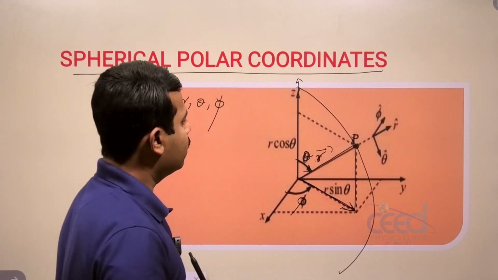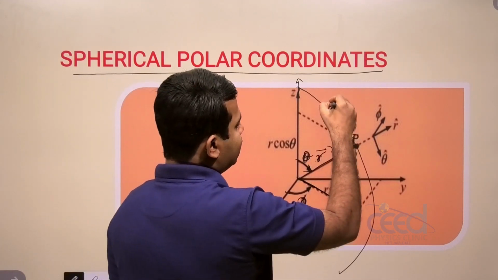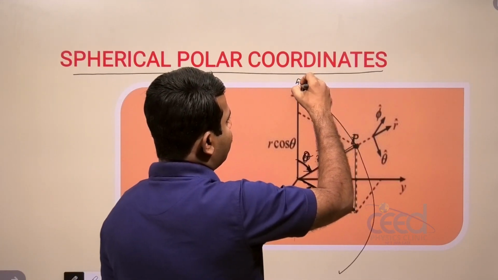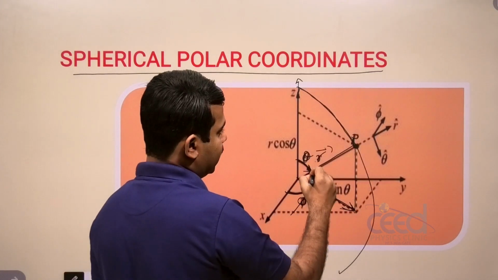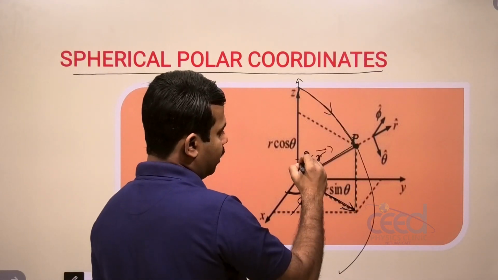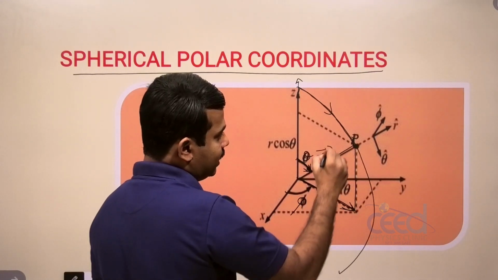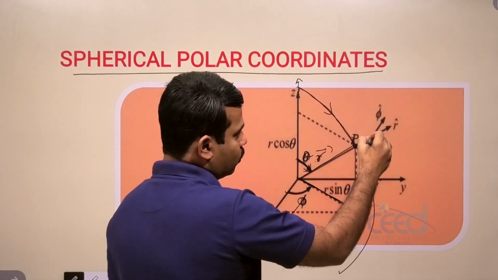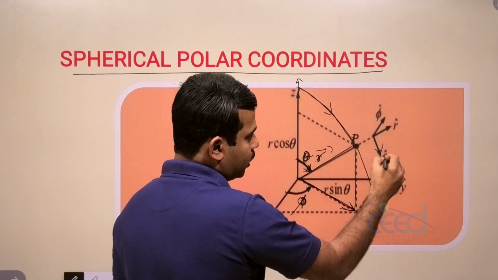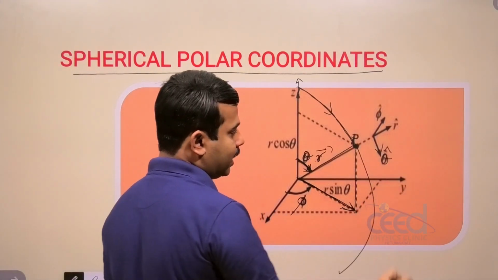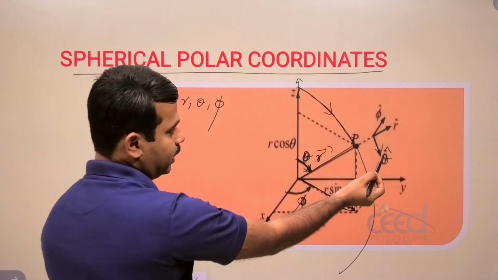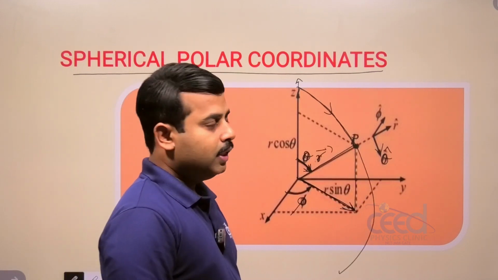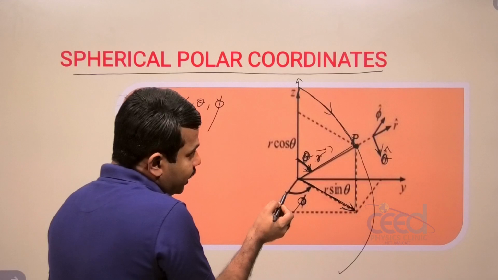Similarly, look here, this theta is increasing in this direction. If I draw a parallel like this, theta is increasing in this direction, so I put theta cap, the unit vector along the direction of increasing theta.